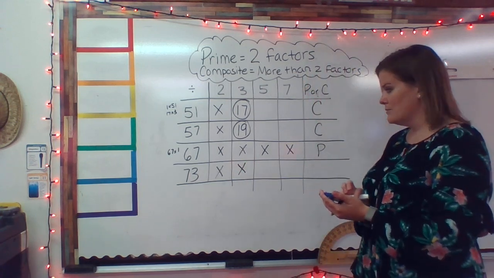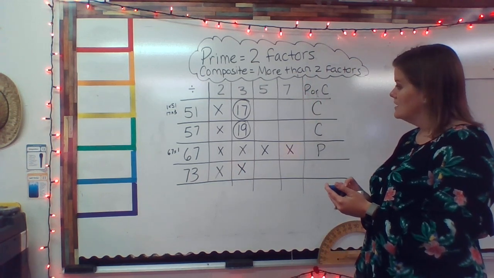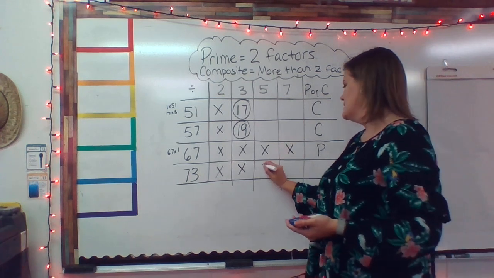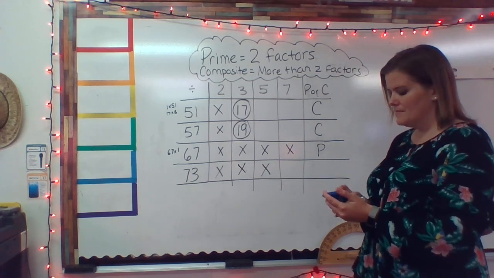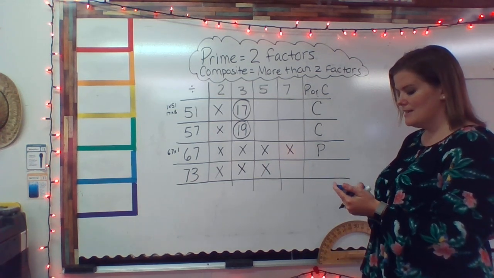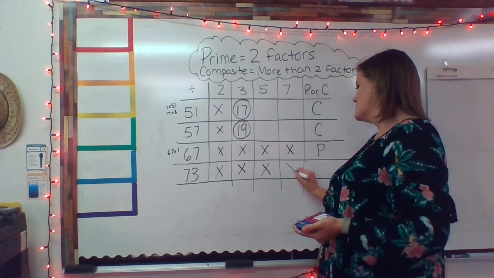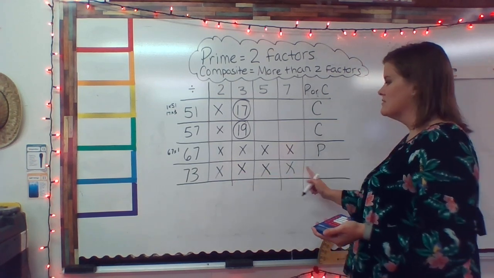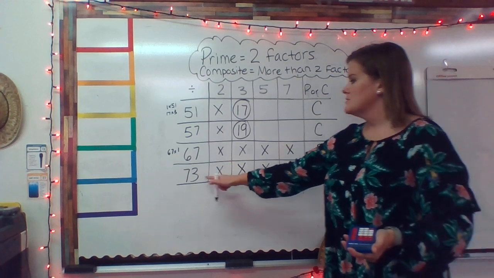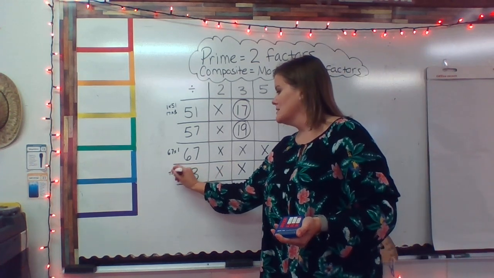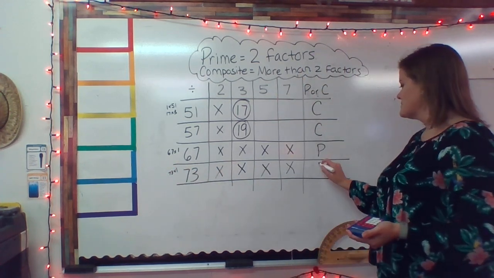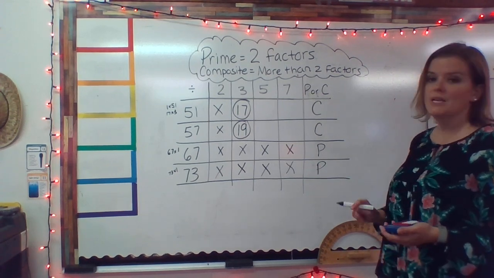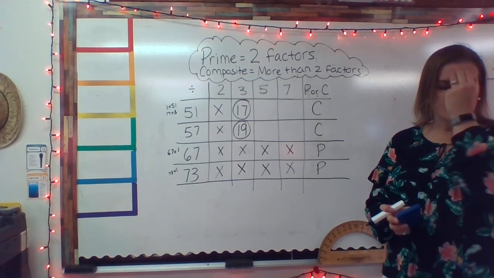Decimal number is not what I need. 73 divided by 5, decimal number. 73 divided by 7, I get 10 and 4/10. So again, no factors, they were decimals. So 73 only has 73 times 1, and that's it. So again, that's a prime number. So this is how my divisibility chart works.